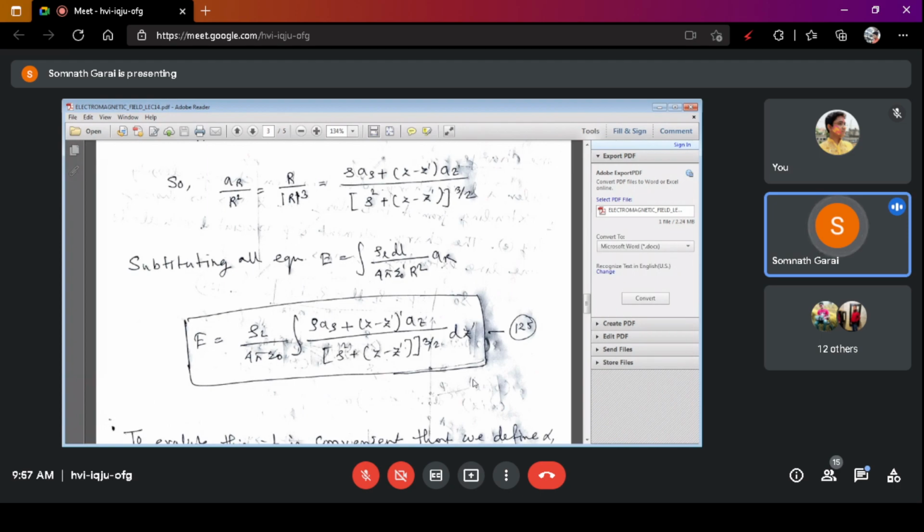That is the constant part. Then we replace aR by R squared with this part: a rho plus (z minus z dot) az, whole divided by rho squared plus (z minus z dot) squared to the power 3 by 2.